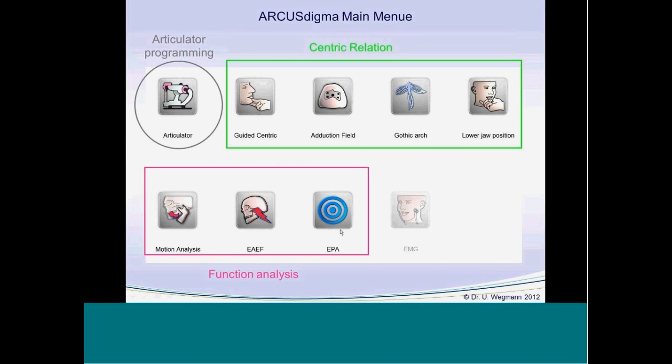A combination of both is the so-called EAEF system from Professor Wegmann. It's a combination of motion analysis and position analysis. And when you use the EMG amplifier unit, you can use it for biofeedback or for measurement of the muscle activity while you do the centric records.